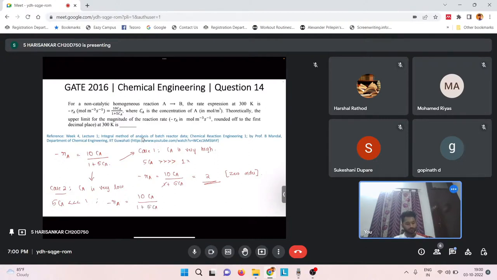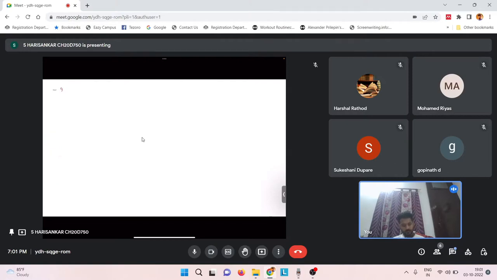Since Ca is very small, we can neglect this 5 Ca term, and the reaction rate will be 10 Ca, and this will be first order. So depending on the concentration of the reactant, this reaction can have two orders, and such reactions are called shifting order reactions. Now let's get into the question.